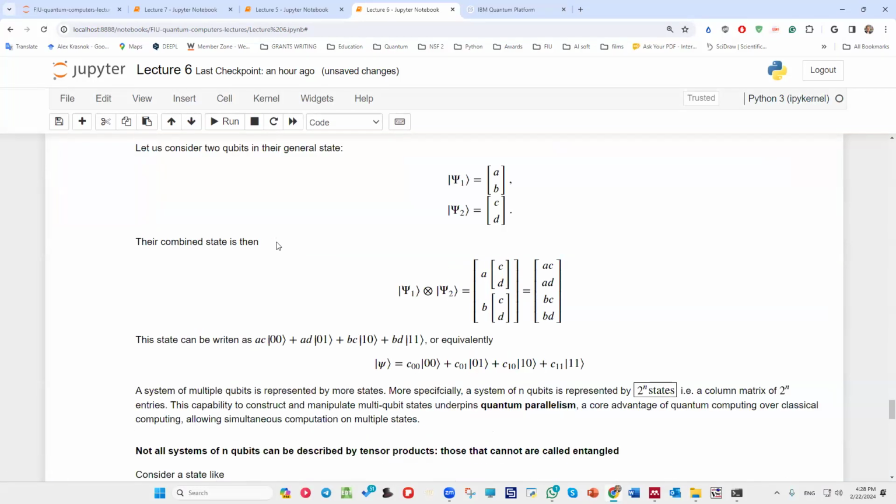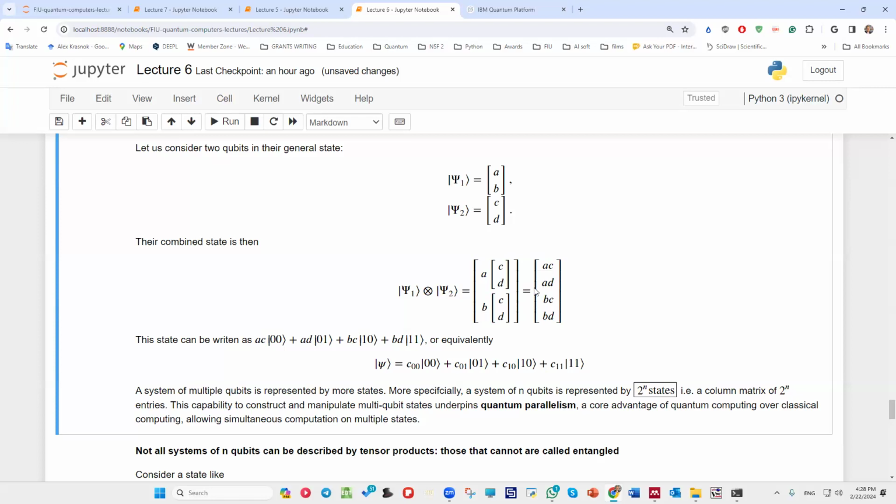All right, so let us consider 2 qubits in the most general state, psi1 in the state A and B, and psi2 in the state C and D, right? And take the tensor product of the two. So here is the result. As a result, again, we get the vector with 4 components, AC, AD, BC, BD.